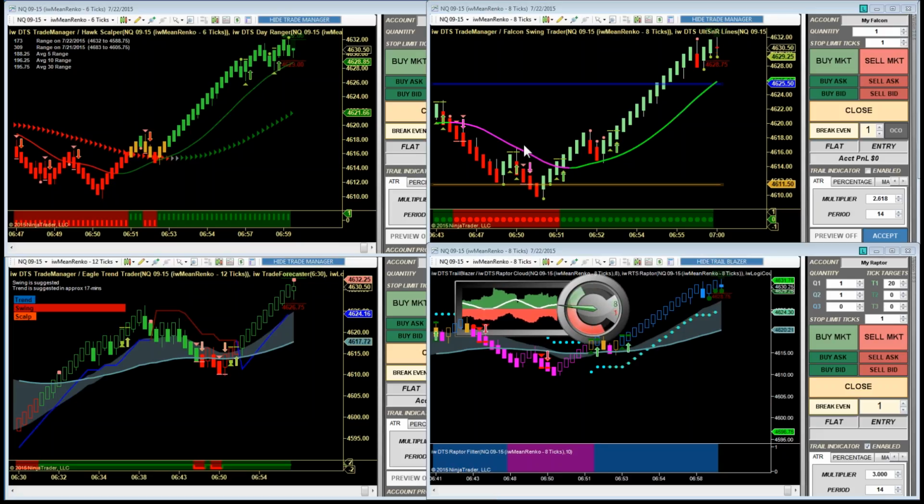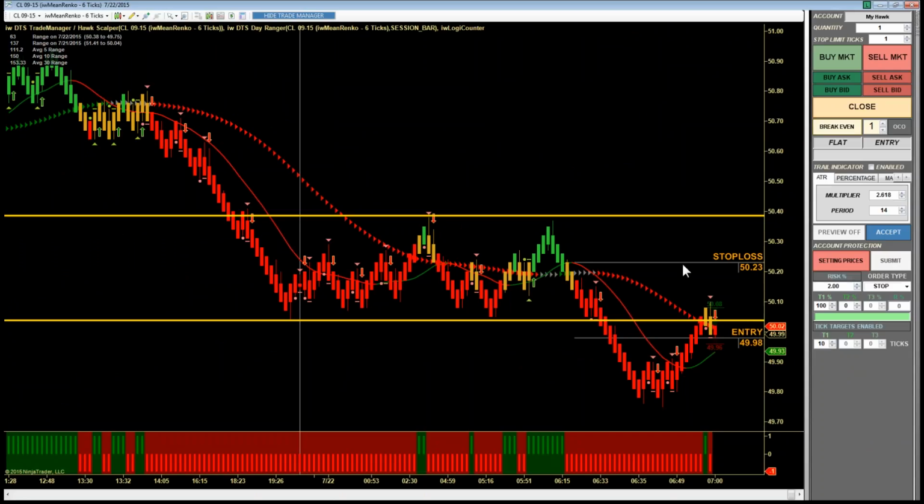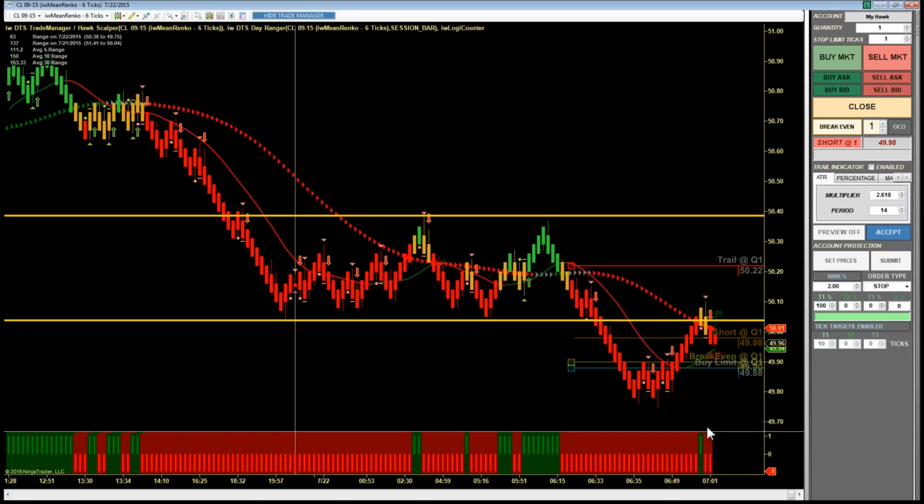All right, well, here comes that three arrow consolidation. And I'm basing it on the retest here, looking for the sellers to take the market back. We're still a little bit early. And with crude oil, I tend to double my profit objectives just because, once again, crude oil is a little bit more active.